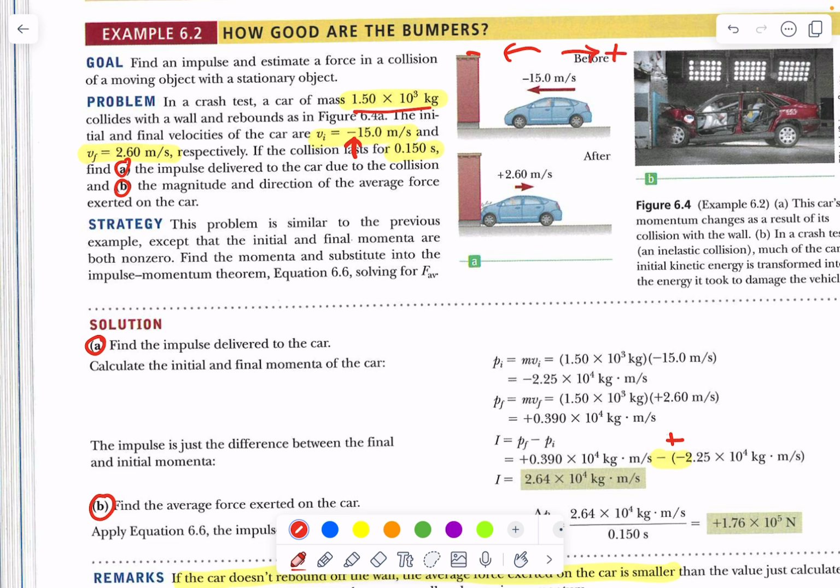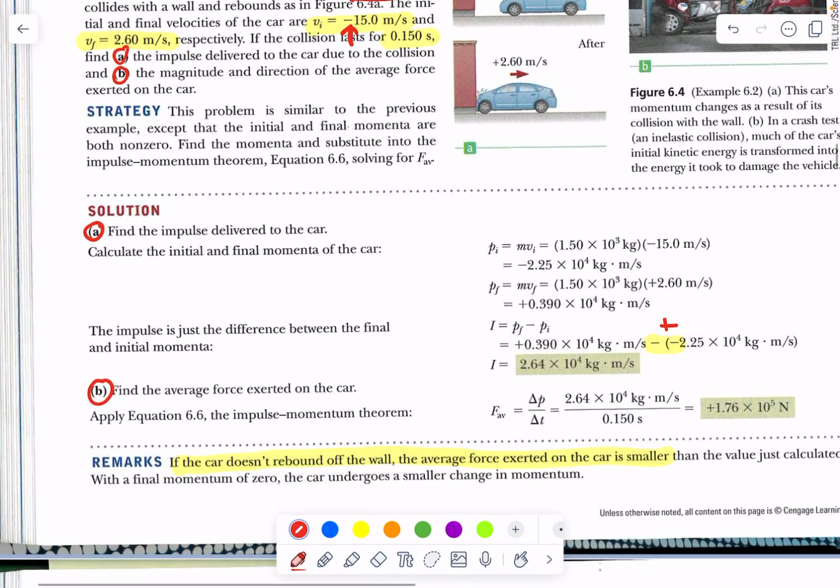And so when we go to find our change in momentum down here, here is my initial momentum, here is my final momentum, and again, notice that one of them is negative. So when we find my change in momentum, we are subtracting a negative, which requires me to add them up.